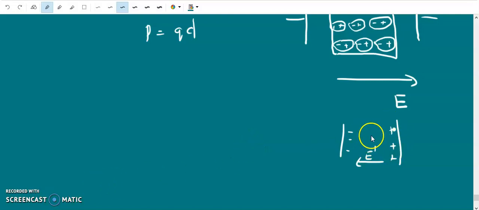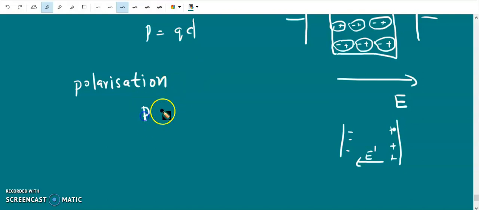Due to this charge separation, there is a dipole moment. Initially there was no dipole moment in the dielectric, and after the application of the electric field, a dipole moment is induced. This phenomenon is called polarization. The induced dipole moment is proportional to the applied electric field.